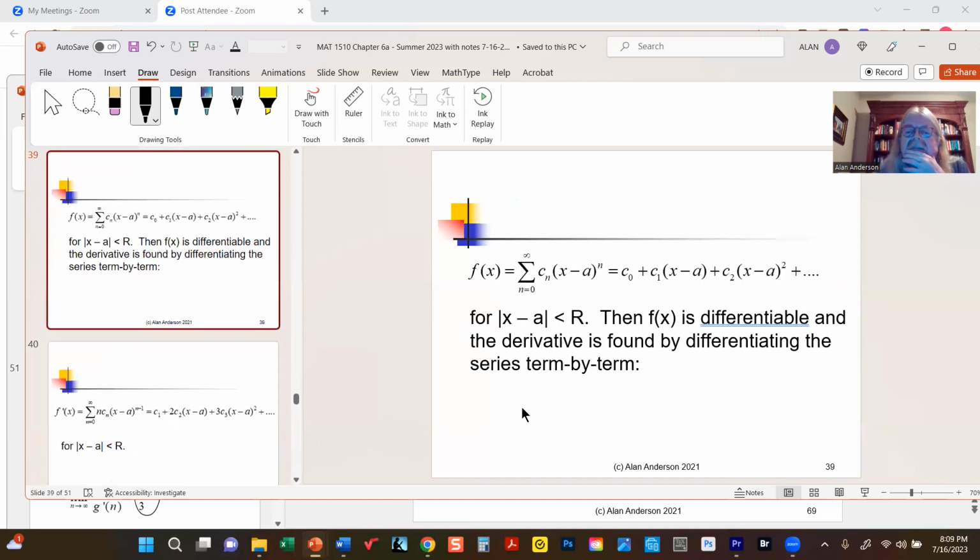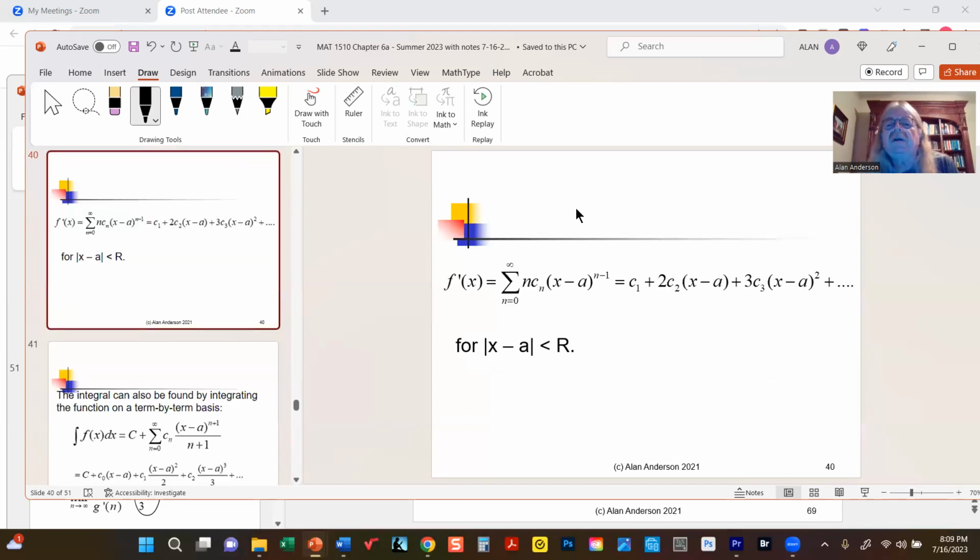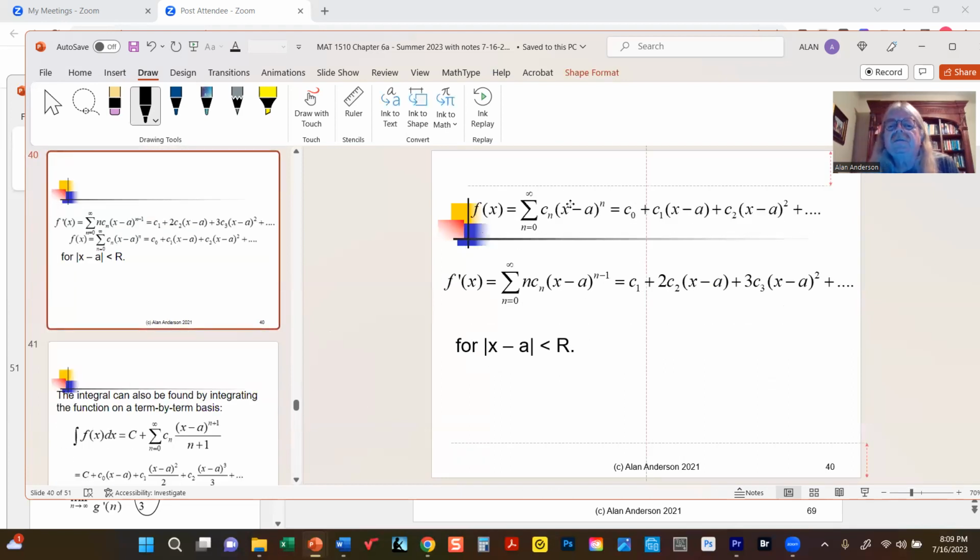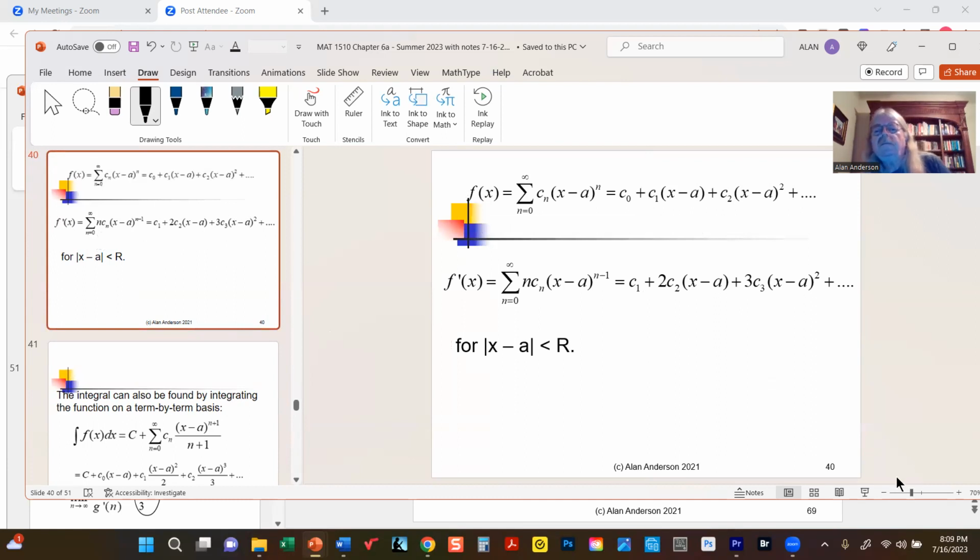And so what you have to do is apply differentiation on a term-by-term basis and then add them up. But it's exactly what you'd expect. You're basically just applying the power rule, because remember, this is nothing but an infinite polynomial. Like here, for example, you can see the derivative of C0 is just 0.